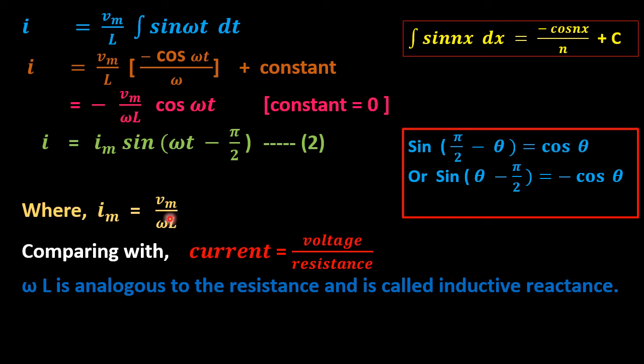This is the resistance offered by the inductor, and the resistance offered by the inductor we call inductive reactance. This inductive reactance is represented by XL, which is omega L. So this is the expression for inductive reactance.